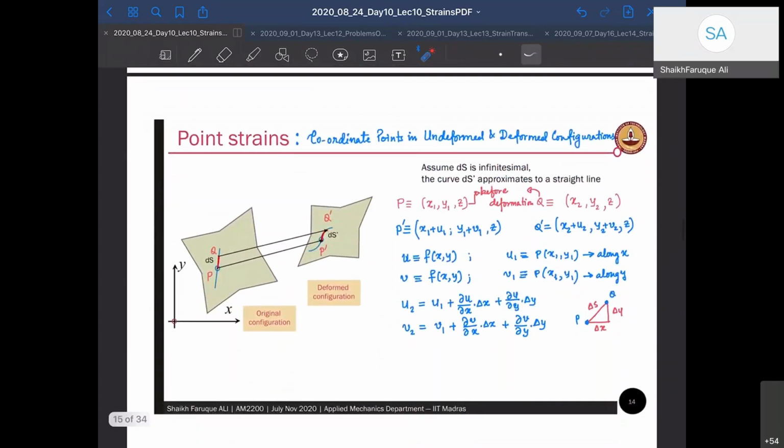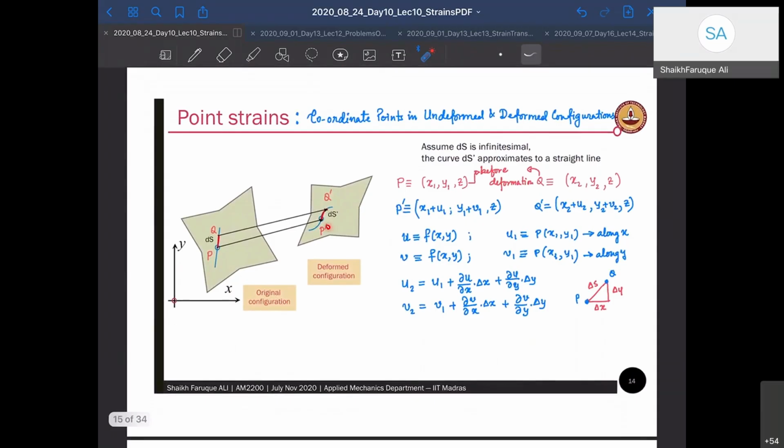So similarly here also, we can look into coordinates of P dash and Q dash. Now look here, it's not a one-dimensional body, it's a two-dimensional body. So coordinates of P are given by both X and Y, and coordinates of Q are also given by both X and Y. Therefore P dash will have changes along X direction as well as along Y direction.